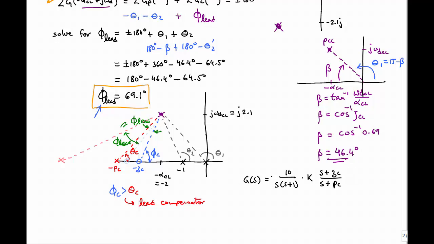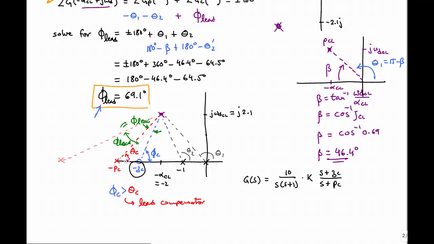So what we notice is that I could conveniently place this zero here. I could move it to the right of where I've shown it, and I can move it to the left.